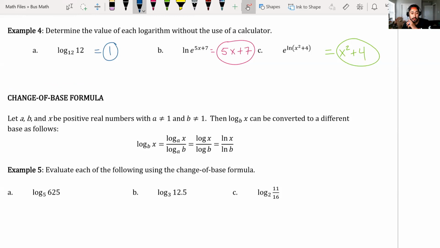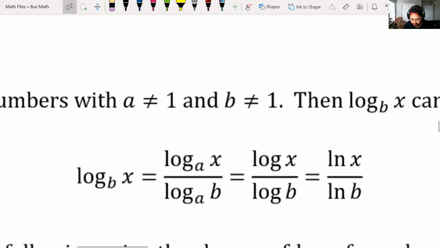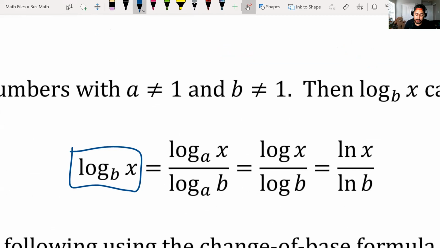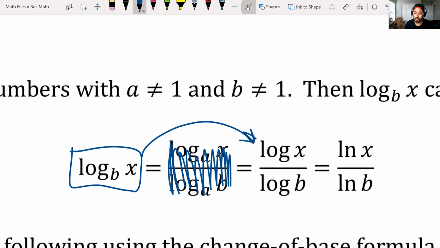And the change of base formula works like this. If you're given log base b of x, this can be converted into the fraction log x over log b.